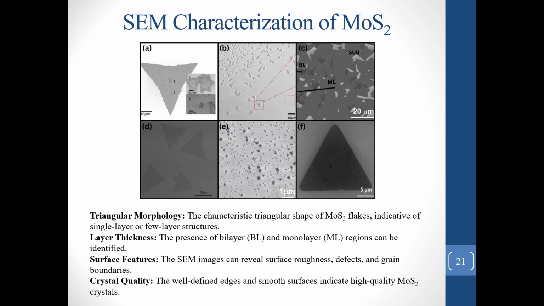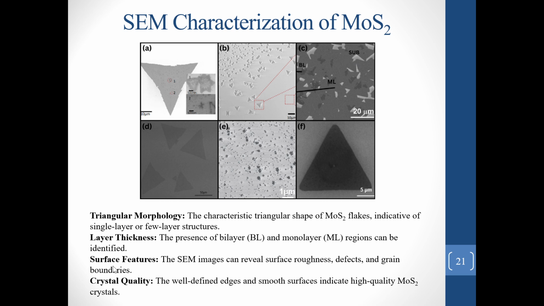Bilayer means when two layers are formed up and down, and monolayer is a single layer. You can see from this figure like this. This is multi-layer because there is no dark region. Here is the bulk layer. Bilayer, okay, and here is the sublimation. You can see this white.